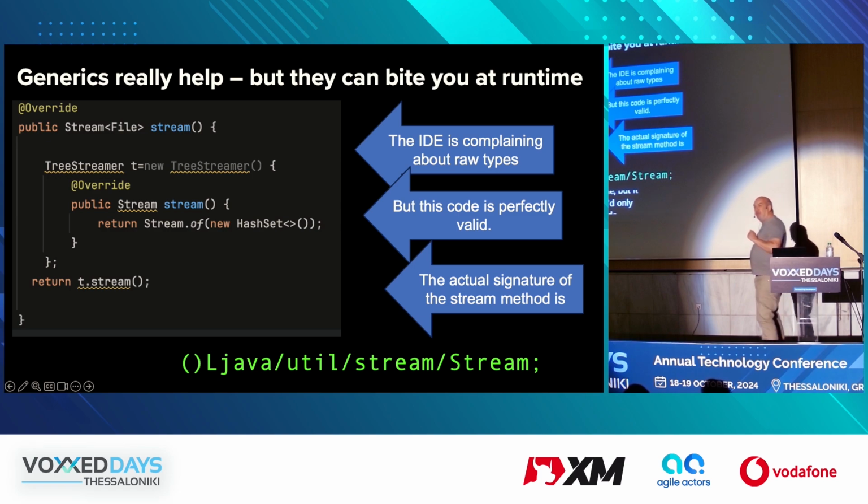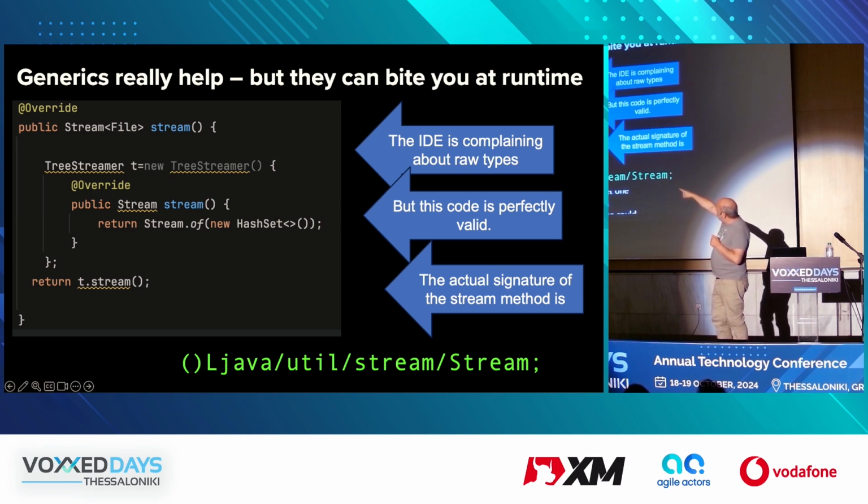But somebody else could do things differently. So look, I have the stream file. I have some piece of code that returns a stream with type file. And embedded in that is a horrible piece of code that instantiates another streamer and streams hash sets, the content of hash sets. Now, that's an object.